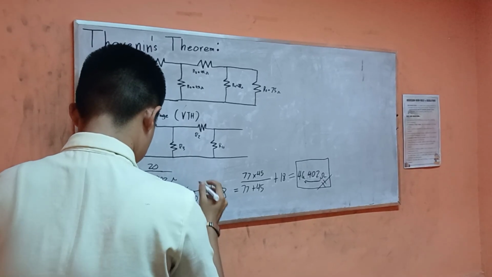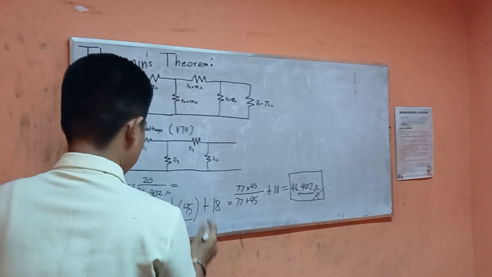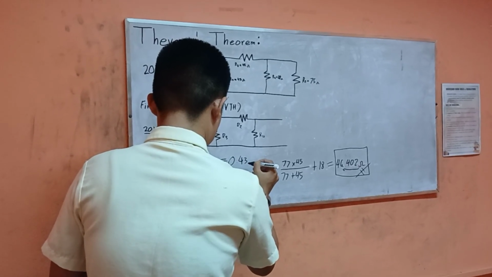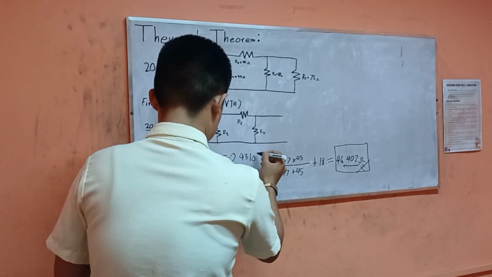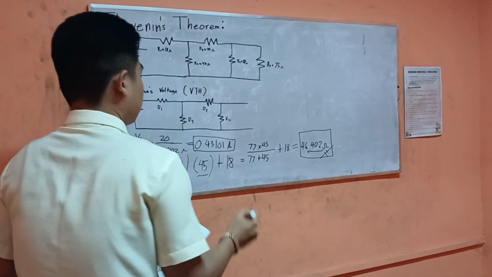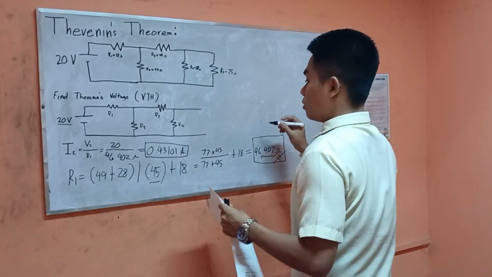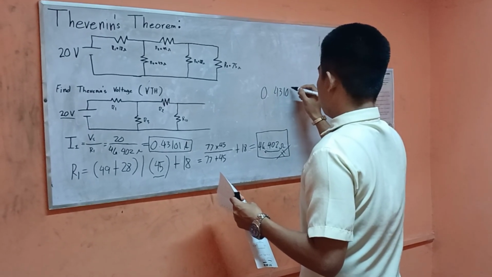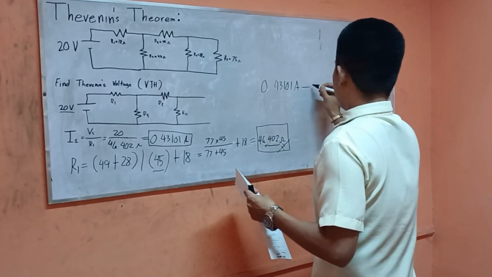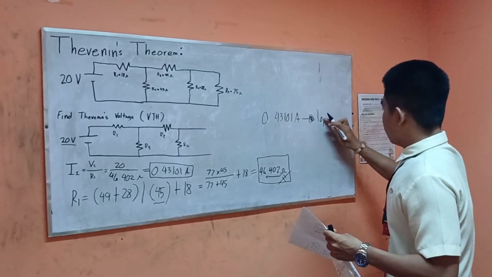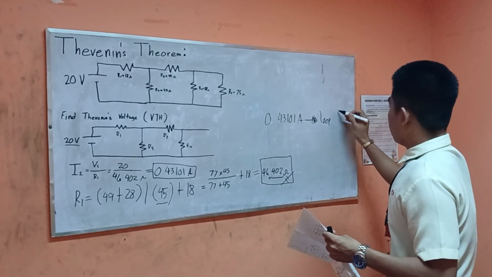If you calculate it, it is 0.431018 amps. So the total current for loop 1 is 0.43101 amps.